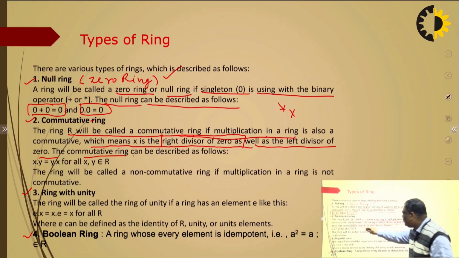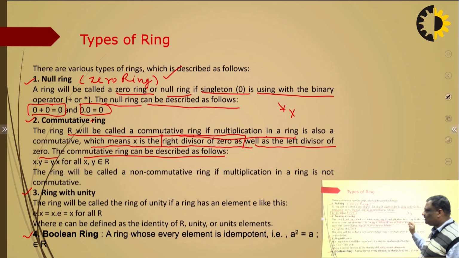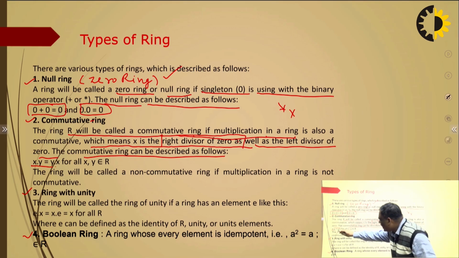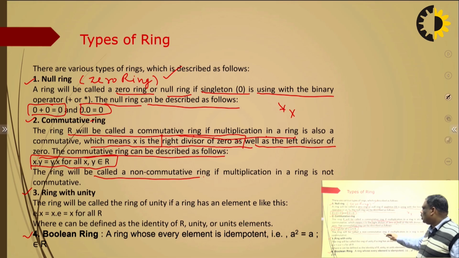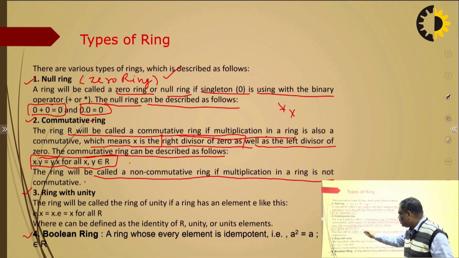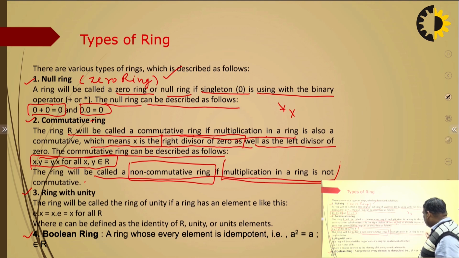The commutative ring can be described as follows: x dot y is equal to y dot x, where x and y belong to the non-empty set R. This ring will be called a non-commutative ring if multiplication in the ring is not commutative.